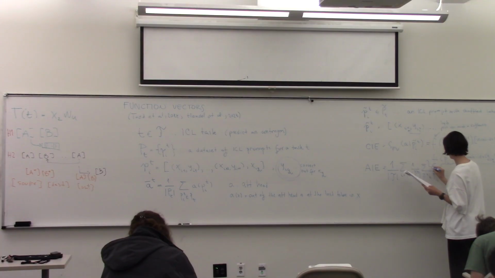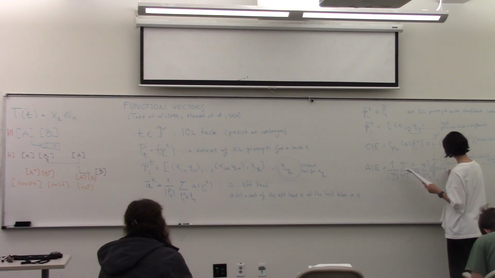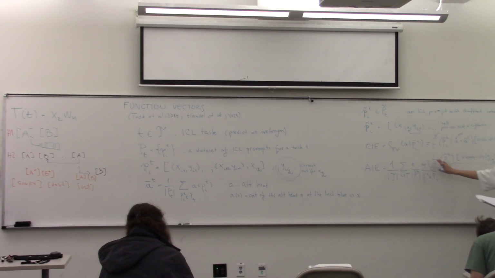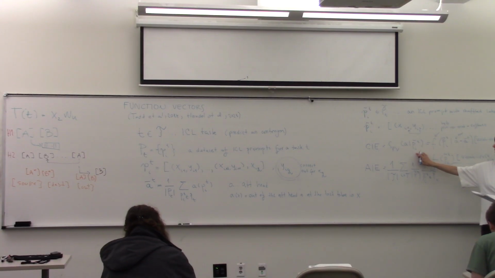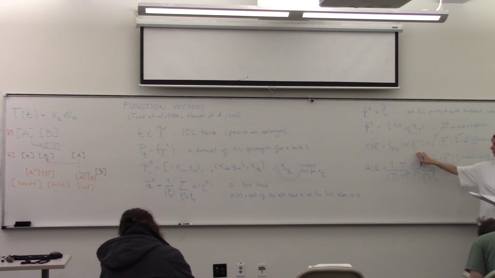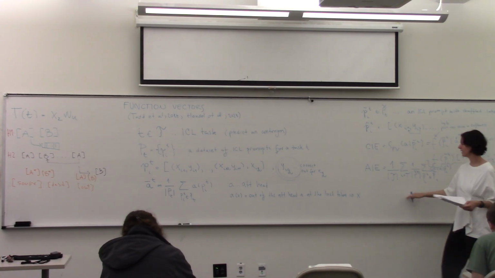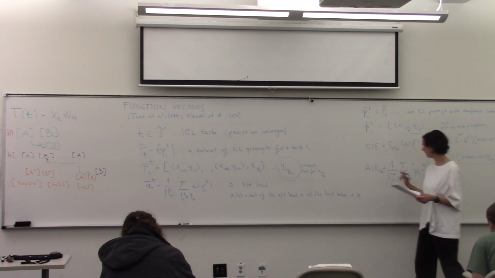Okay, this is a bit confusing. All I said here is that I have calculated this for a single one of these prompts. Here I'm averaging across many prompts, many tasks, and still this is just for a single head A.